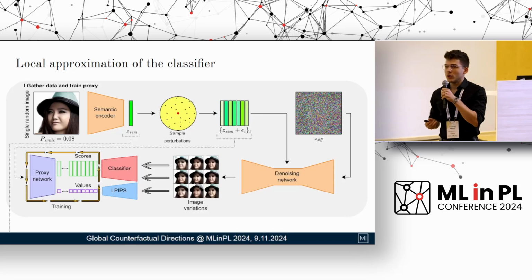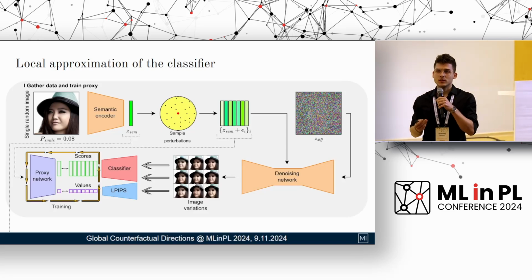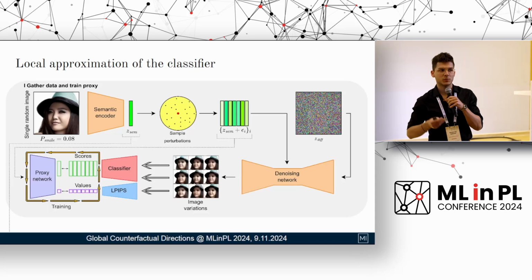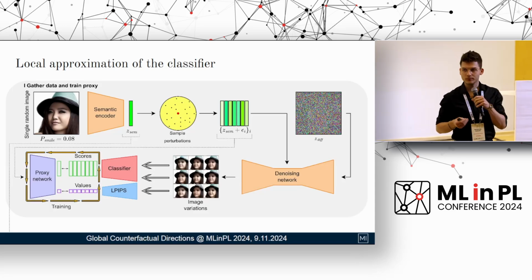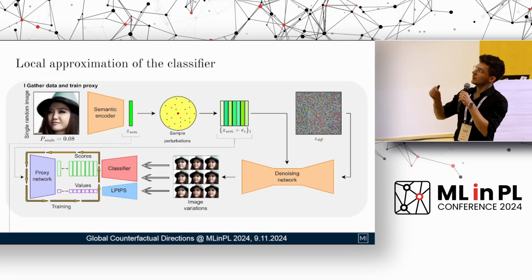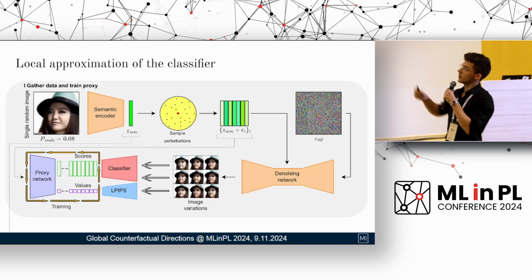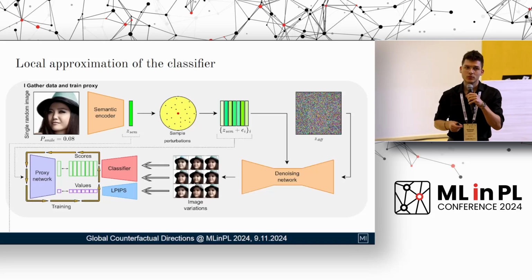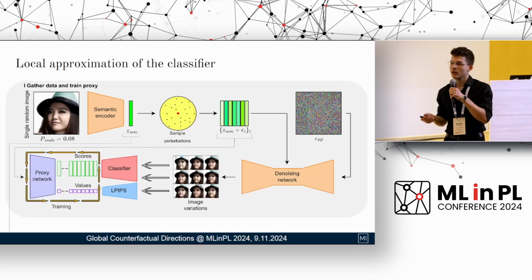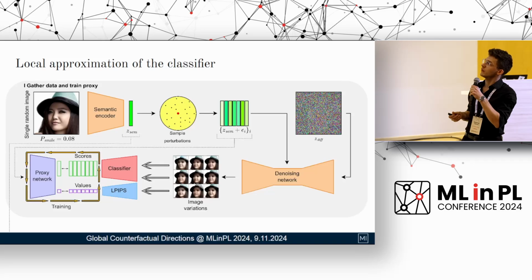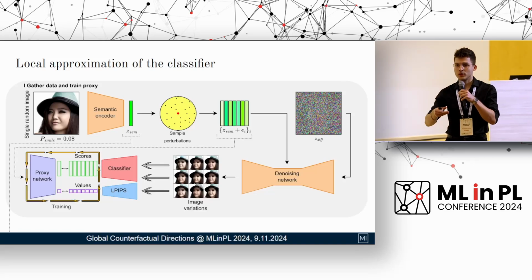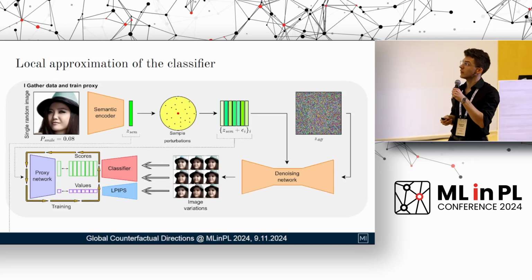Okay, so how can we utilize the existence of this semantic latent space to explain predictive models? So we can actually invert a given image into its two-part representation. You can obtain the semantic latent vector, which is the compact part, and the high-dimensional noise, from which you can regenerate the image back again with your diffusion model deterministically.